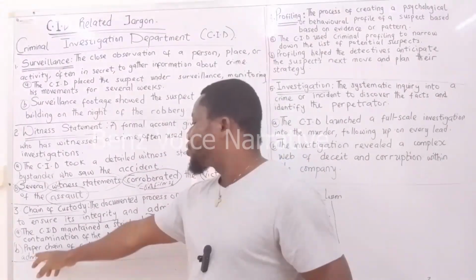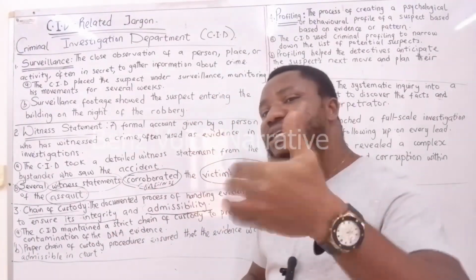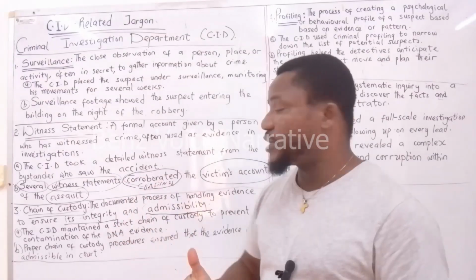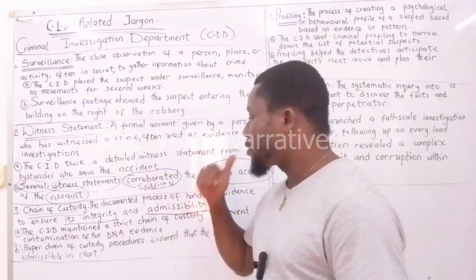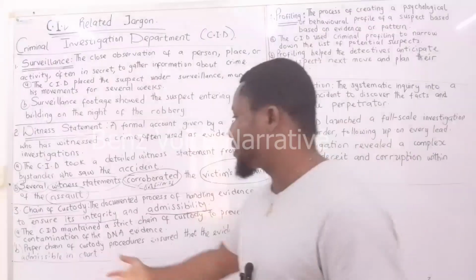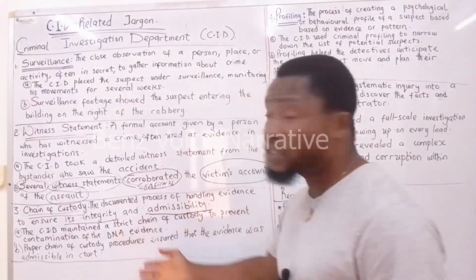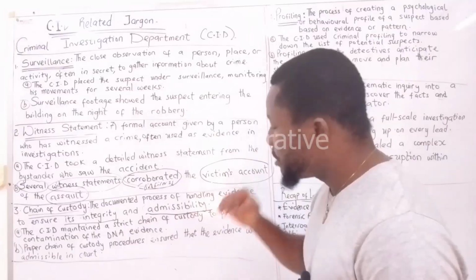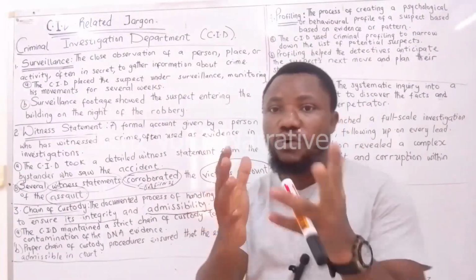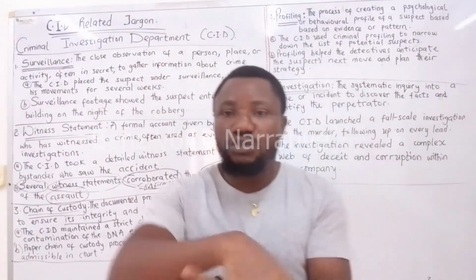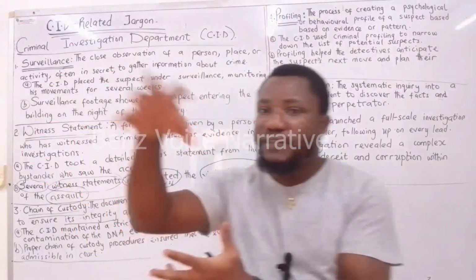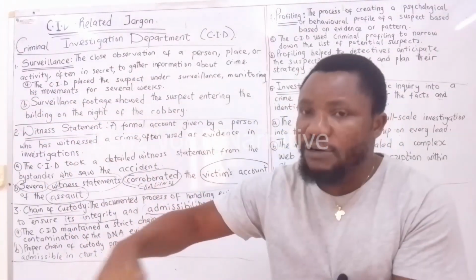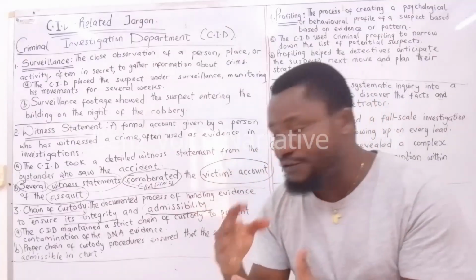You see that? We have an improper way of keeping chain of custody, and on the other hand, we have a proper way of keeping chain of custody, which is why this example shows that proper chain of custody procedures ensured that the evidence was admissible in court. So as an officer, you go to a crime scene, and one of the pieces of evidence that you pick from the crime scene is a rifle.